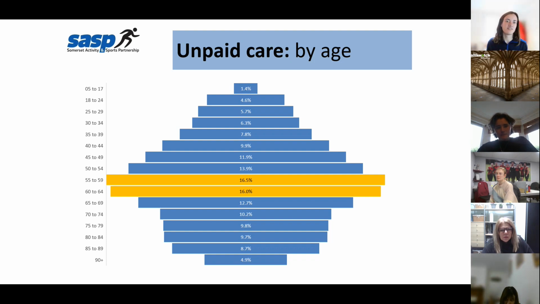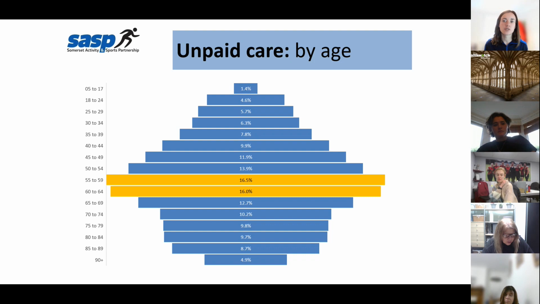We've had a lot of discussions in our household about why that might be, and if it's around caring for a partner or caring for your parents at that age, and thinking about how we can support these people, because it's a very high proportion of people at that age group that are taking on those responsibilities.